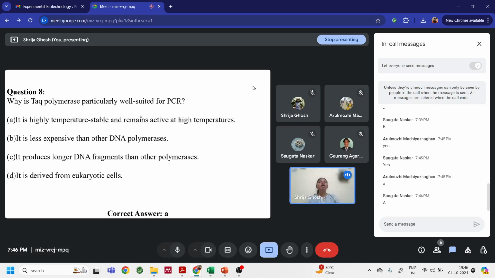Now if I want to do the reaction in a single vial without adding the polymerase again and again, and without adding different reagents again, I just want to add everything, put it in a vial, and then directly get the amplified product. I do not want to add everything in between after every 1 minute or 2 minutes. Then what will be the problem?